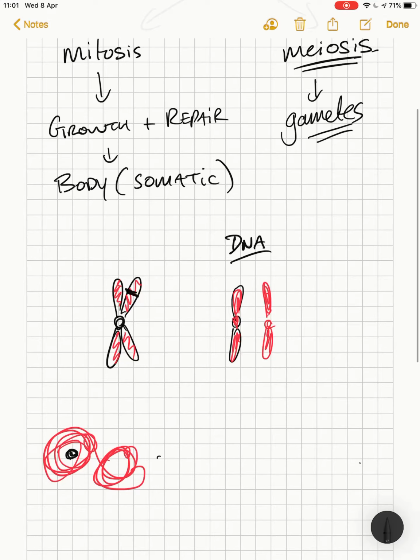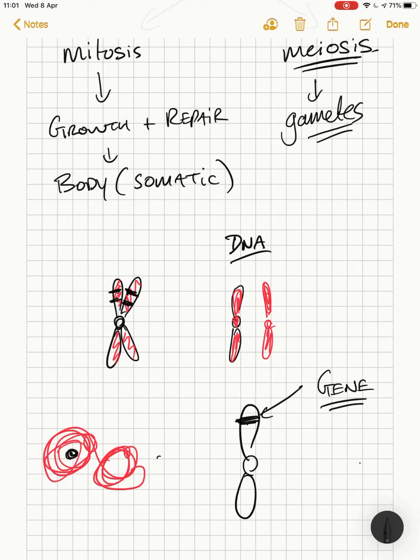So on the chromosome, we might sometimes see in textbooks or diagrams kind of little bands like that. So if I draw this chromosome a bit larger, you might kind of see a band. And what that's representing is a gene. You'll do more about this when we cover DNA later on and what DNA is and how it works.